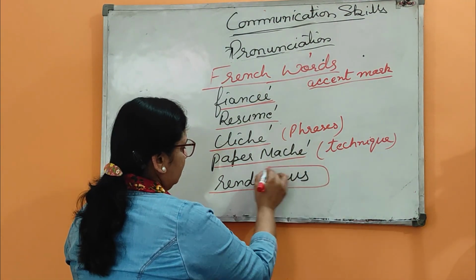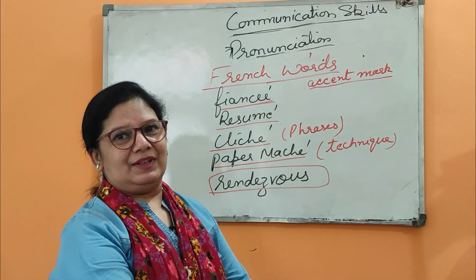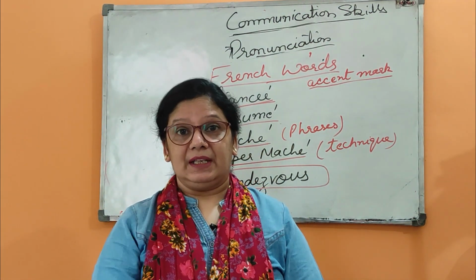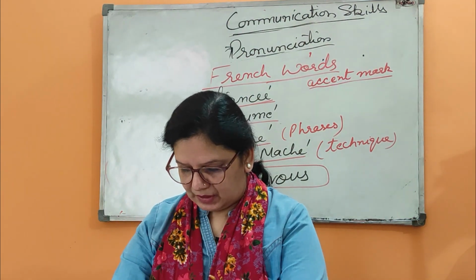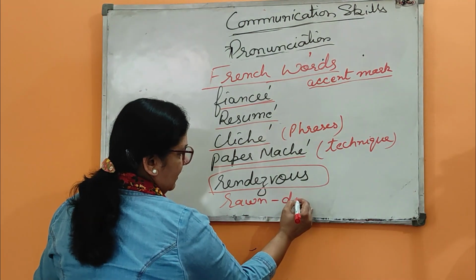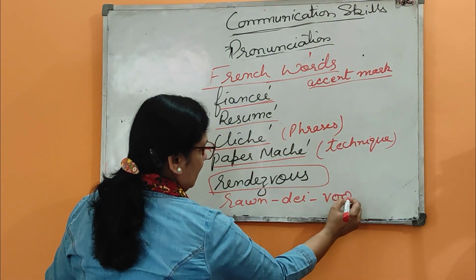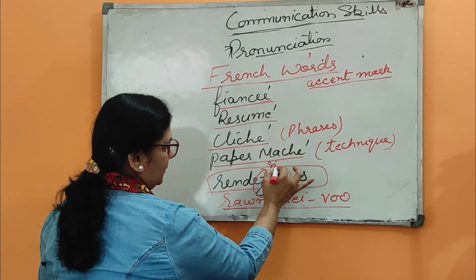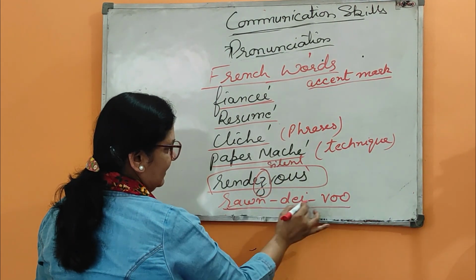Then this word is a problem with everyone. This is a French word, but we use it very commonly. And how to pronounce this? Rendezvous. Here this is a silent portion. We say rendezvous.